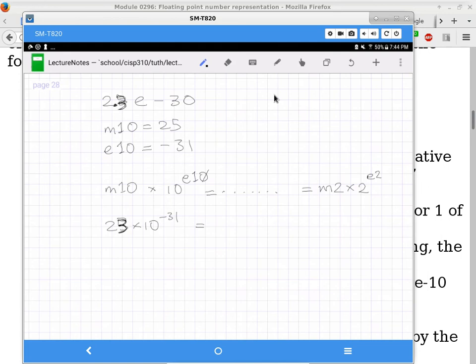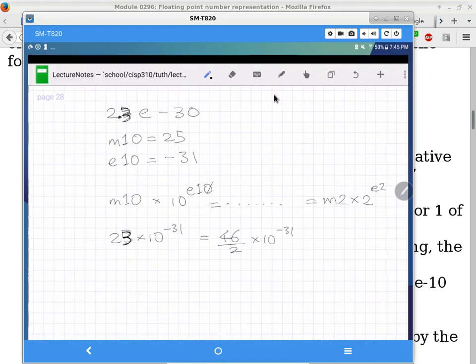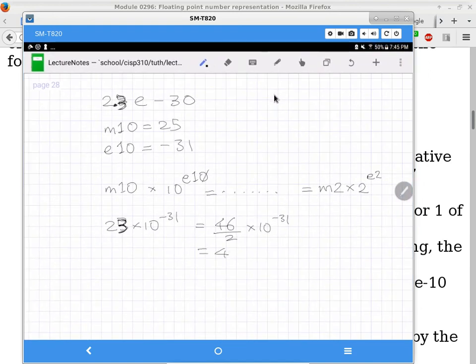If I use 46, let me just write down what I'm doing here. Would anyone argue that these two are the same? They're the same. So instead of writing it this way, can I write this as 46 times 10 to the power of negative 1 times 2 to the power of negative 1?